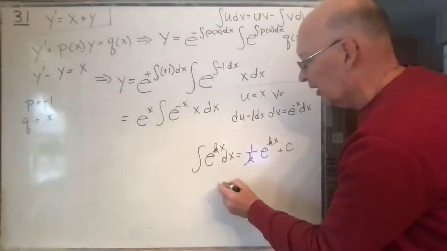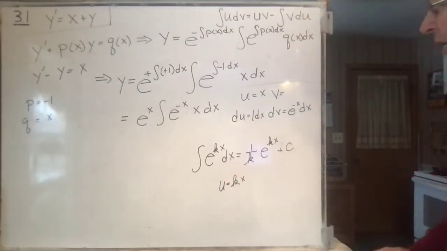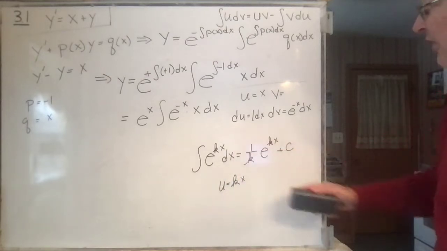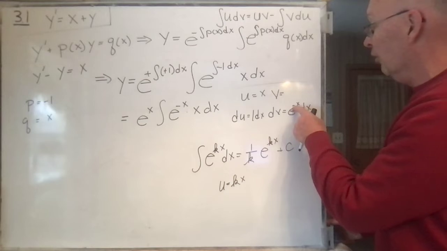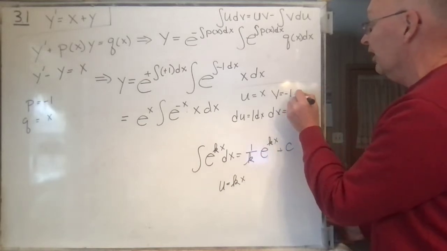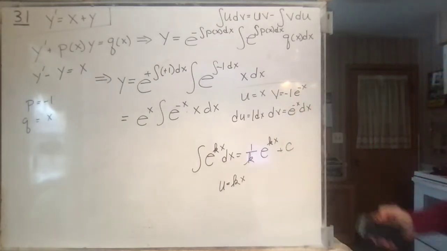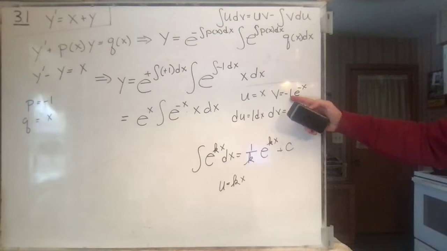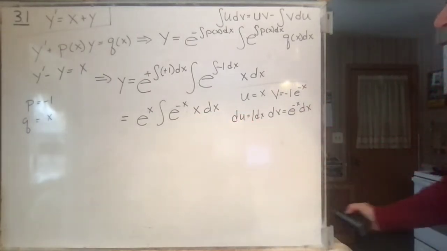You could let u be equal to kx and do it by substitution if you wanted to, but it's easy enough just to see it. So here I just go 1 over -1, which is just a -1 times e to the -x. There's the antiderivative. It's going to be negative 1 e to the negative x.